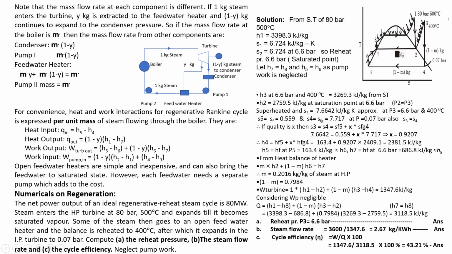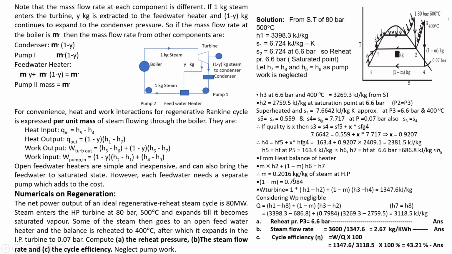The extraction steam is added before that. I'll explain in detail next time. Just note down here M into H2 plus 1 minus M into H6 is equal to H7.